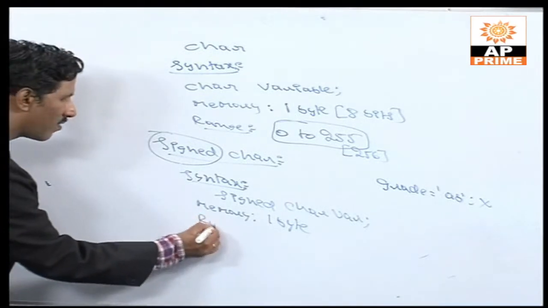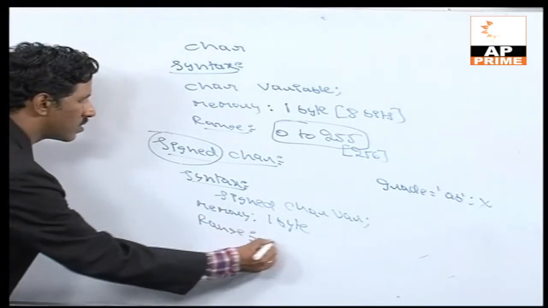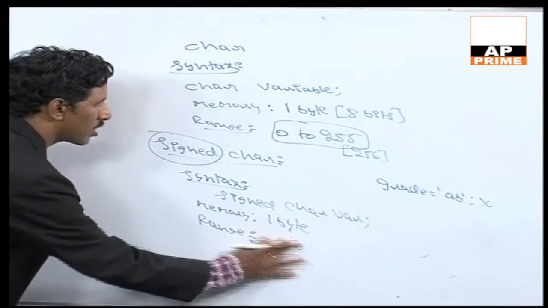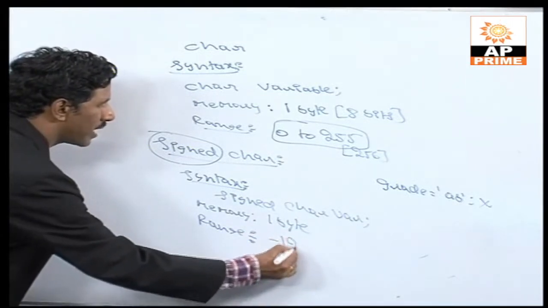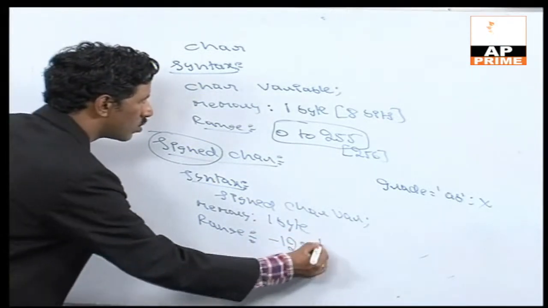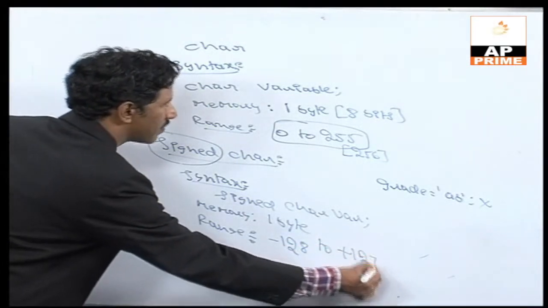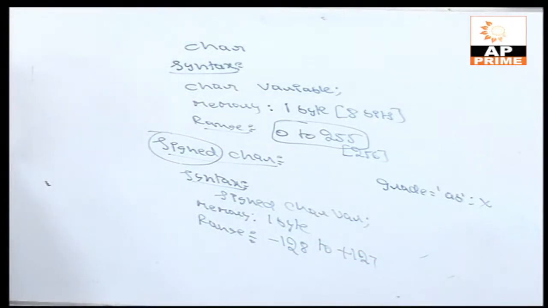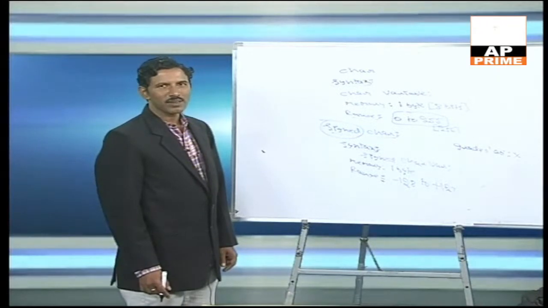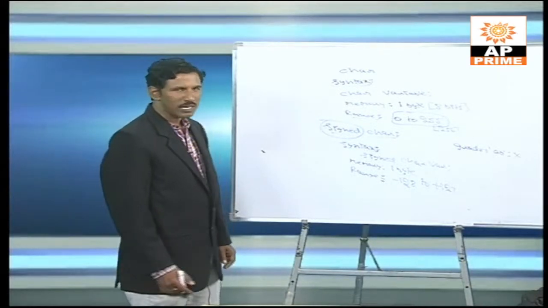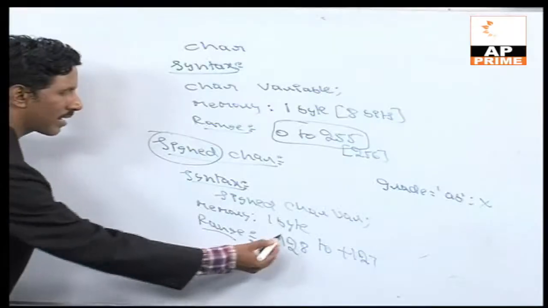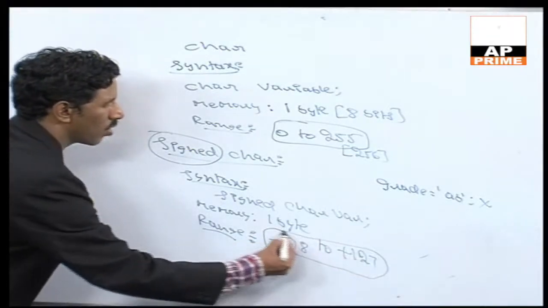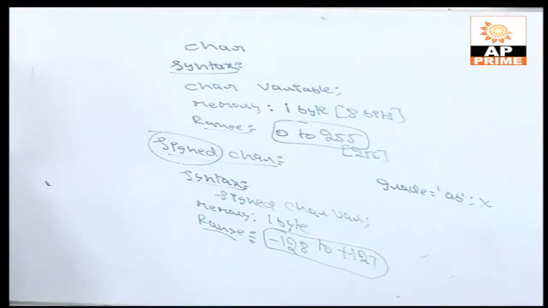For signed char, what is the range of characters? Minus 128 to plus 127. You observe here that for every signed character, a negative range is also allowed: minus 128 to plus 127.